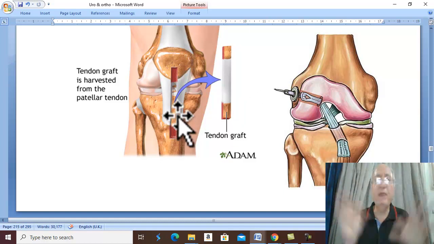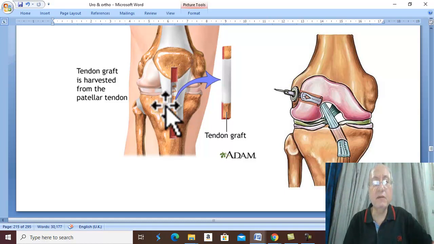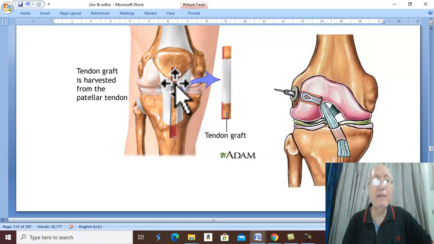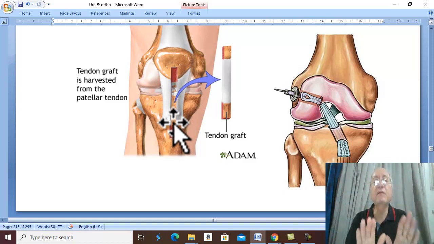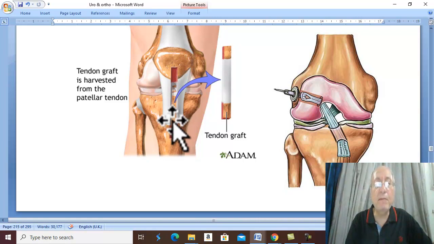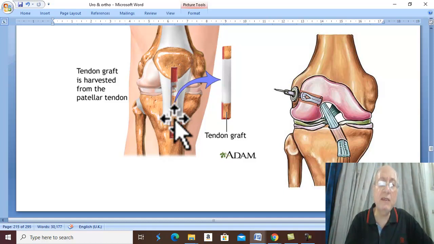The ruptured ligament should be removed, and after removal of the injured ligament, the ligament should be replaced by a tendon graft. From where? From the tendon in the knee region, which is called the patellar ligament, or patellar tendon, or ligamentum patellae.